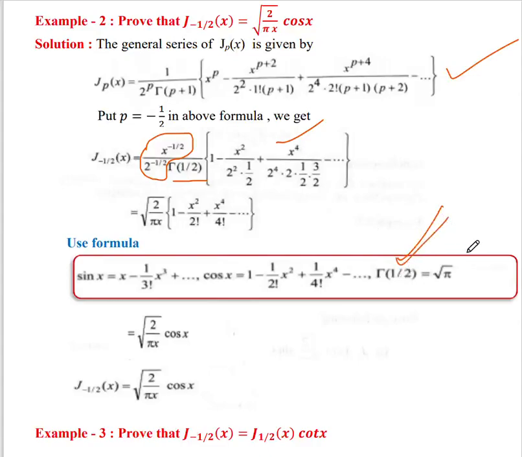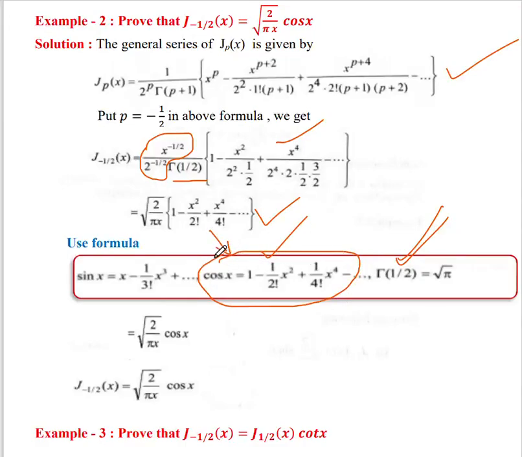So we will get root 2 upon root pi x, taking it as a combined term, and after solving this, we will get 1 minus x square upon 2 factorial plus x to the power 4 upon 4 factorial, and this is nothing but the series of cos x. Okay, so this is the series of cos x.